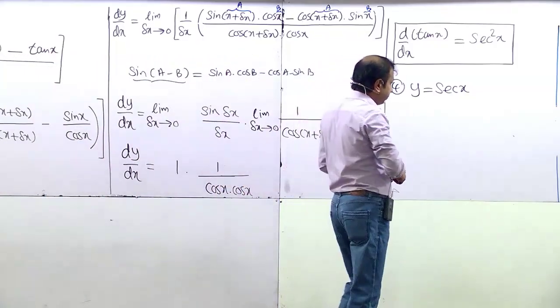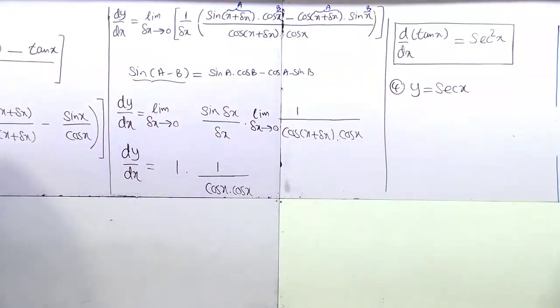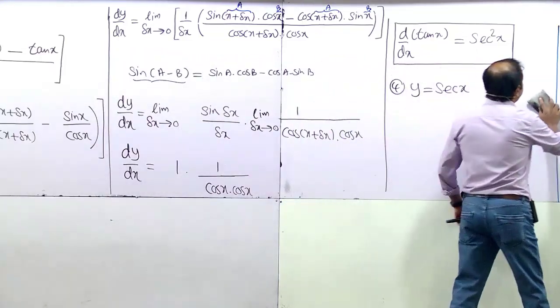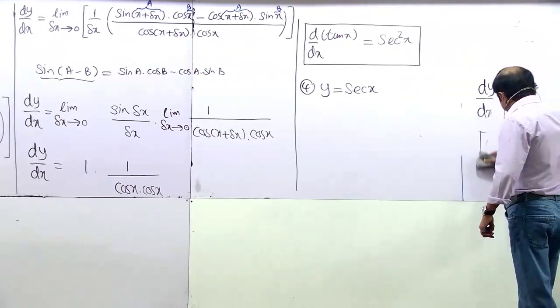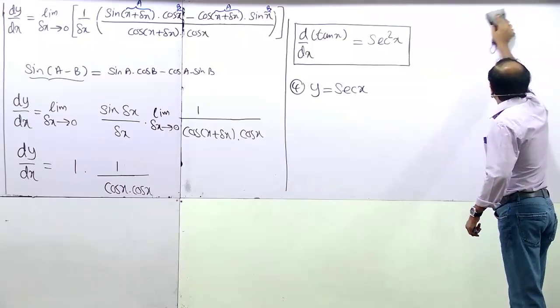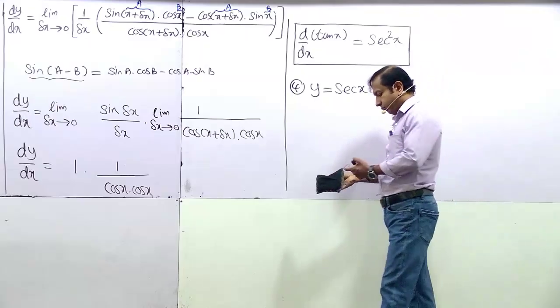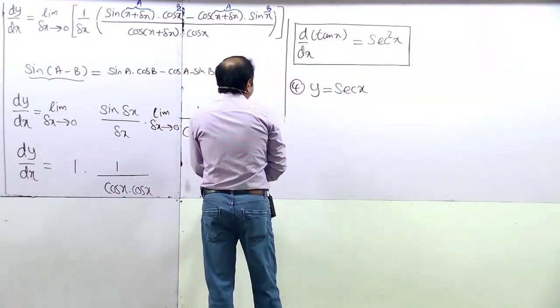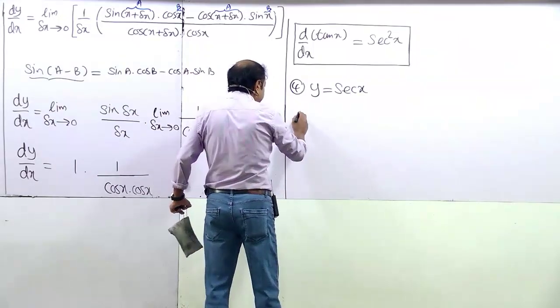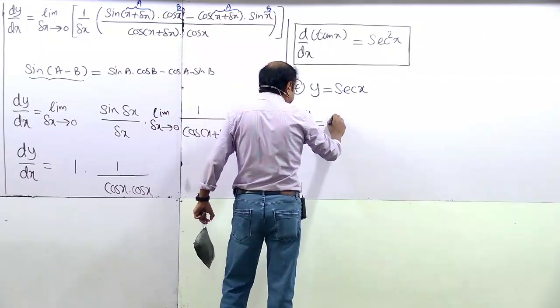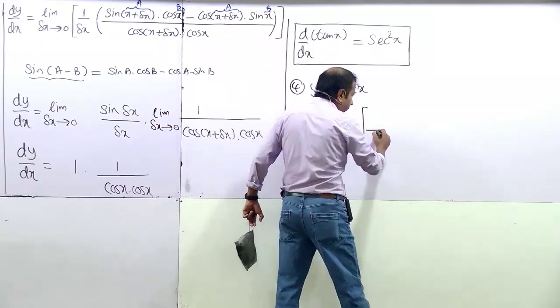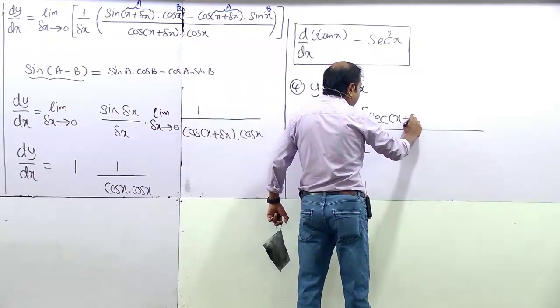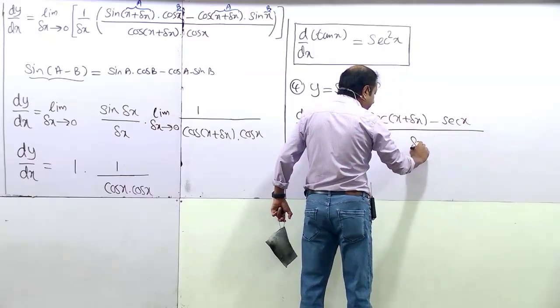Right, start. y equals sec x. Limit delta x tends to 0, sec(x plus delta x) minus sec x, divided by delta x.